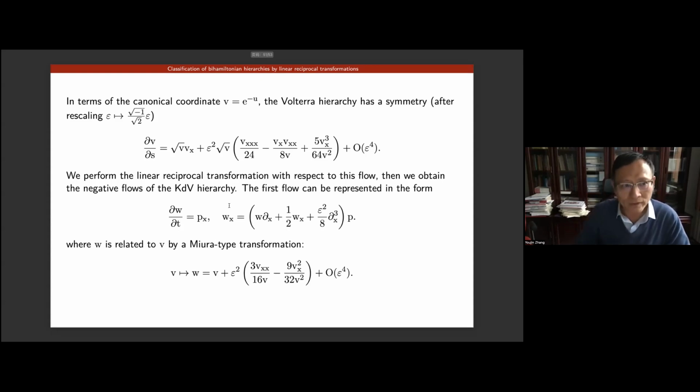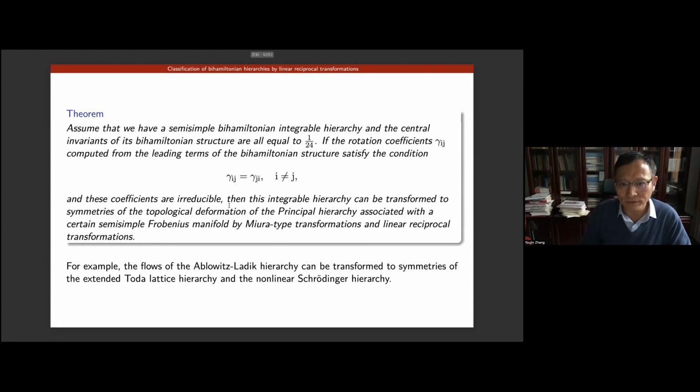And the last theorem that I want to present is the following. We consider the problem of under what conditions a bihamiltonian integrable hierarchy can be related to a bihamiltonian integrable hierarchy associated with a semisimple Frobenius manifold. For a semisimple Frobenius manifold, we can construct a bihamiltonian system of hydrodynamic type, which we call the principal hierarchy.